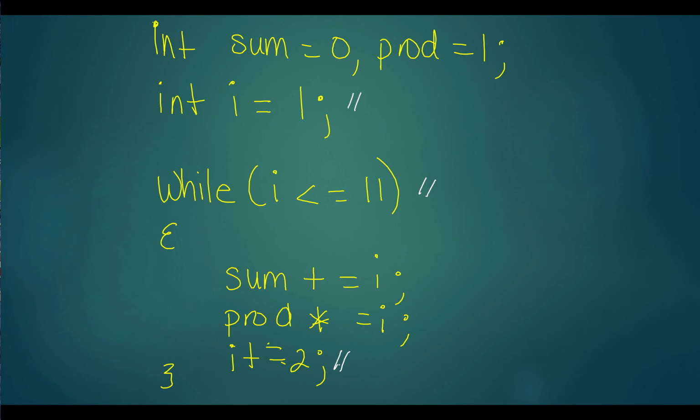Now what I could do, if I wanted to, I could change the order in which I do my update, or I could update here. I could do I plus equals 2 here. Now this would not be the best thing to do in this case, because what would happen is it would start at 1, it would test and say, is 1 less than or equal to 11?